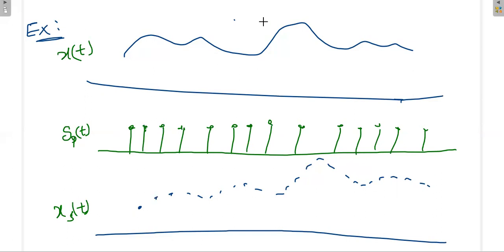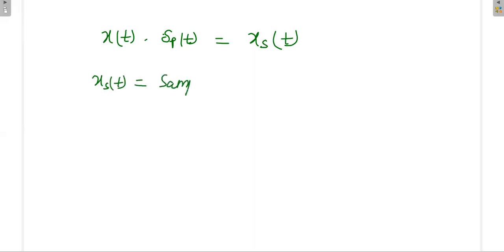So the multiplication of the impulse train with the original signal gives the sampled version of the signal, where xs(t) is the sampled signal. Sampling of x(t) means just multiplication.